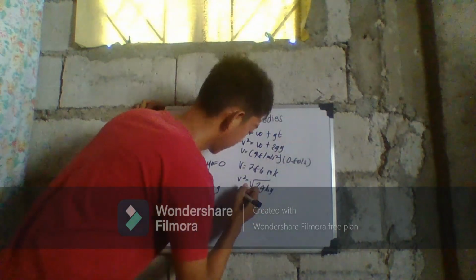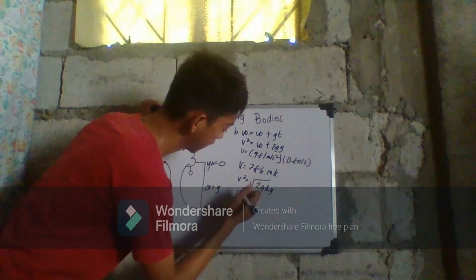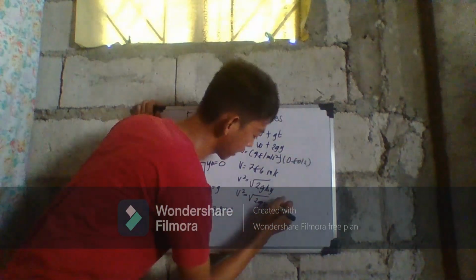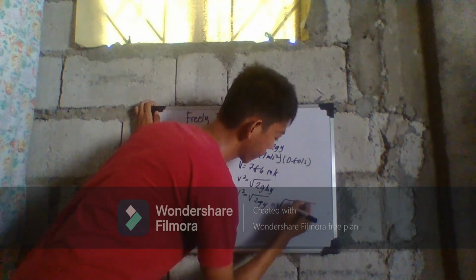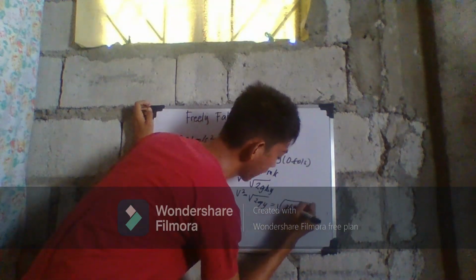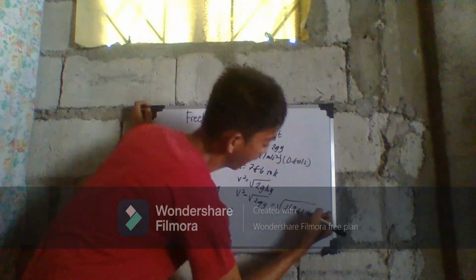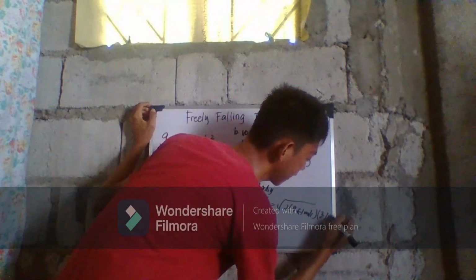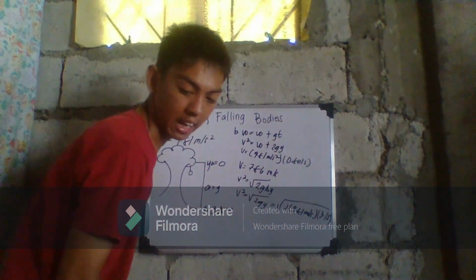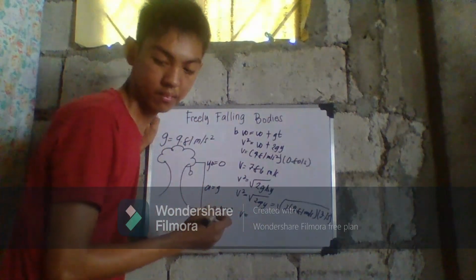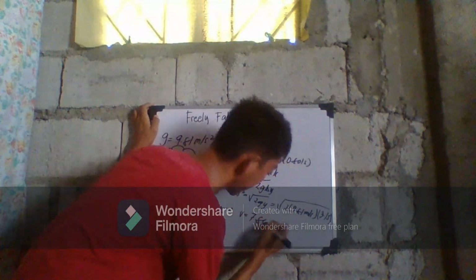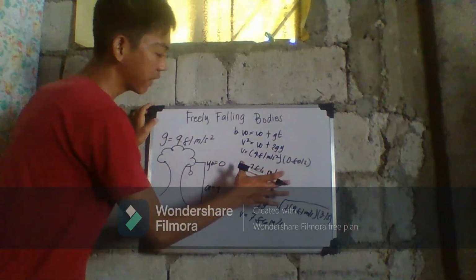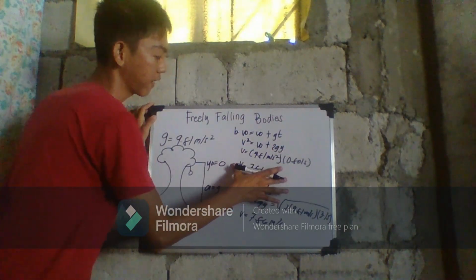And then v squared equals 2gy, which equals the square root of 2 times 9.81 meters per second squared, then multiply by 3.15. By calculating, we have 7.86 meters per second. So, it is the same as what we did earlier.